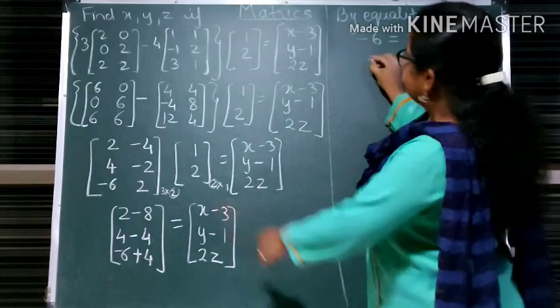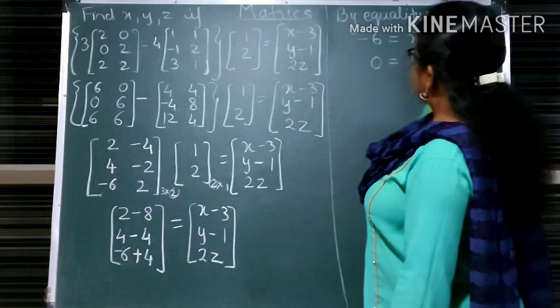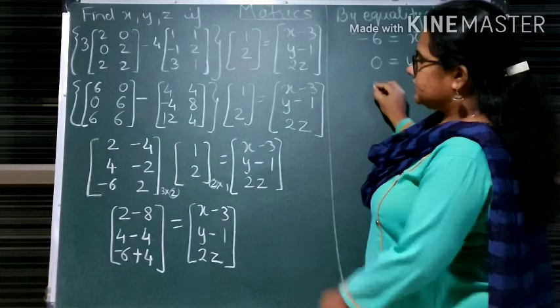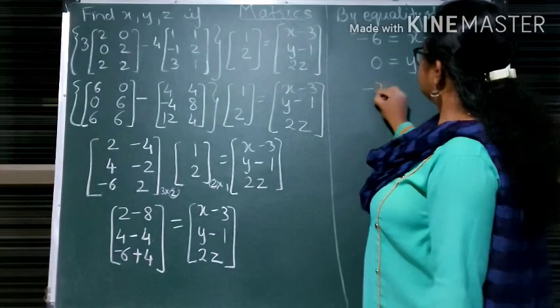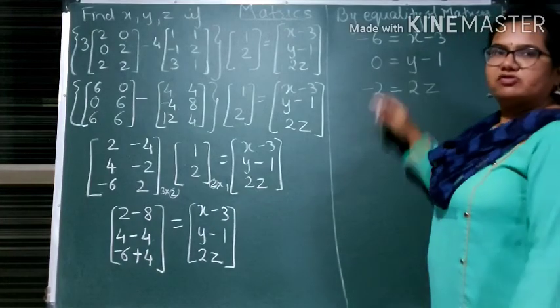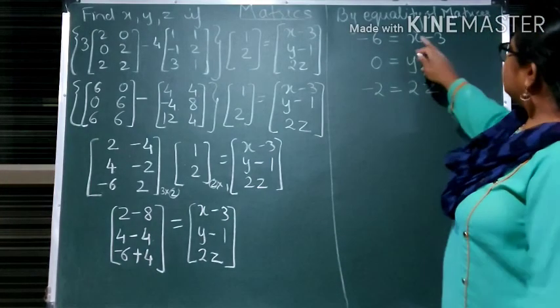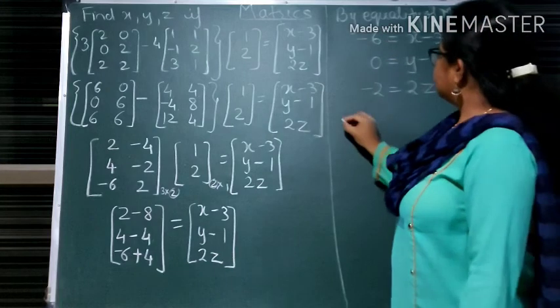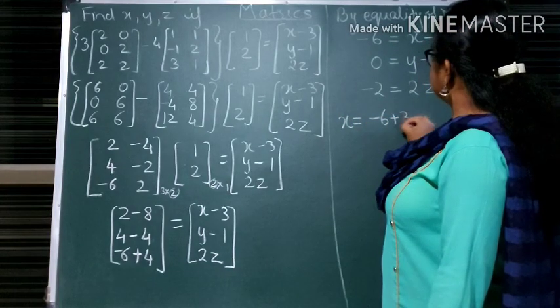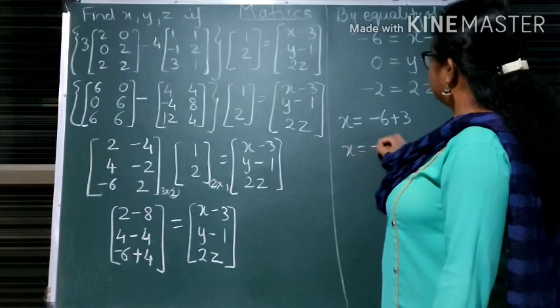Then 4 minus 4 is 0 is equal to y minus 1. And minus 6 plus 4 is minus 2 equal to 2z. So you get 3 equations. So solve the first equation. Take 3 on the other side. So what do you get? X equal to minus 6 plus 3. So x equal to minus 3.